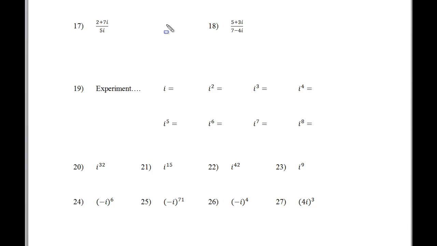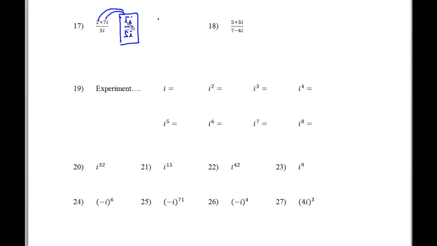Okay. Now, for problem number 17, we don't really have to do that much to get rid of our denominator of 5i. So I'm just going to multiply this by 5i over 5i. And this means the top gets distributed by 5i.